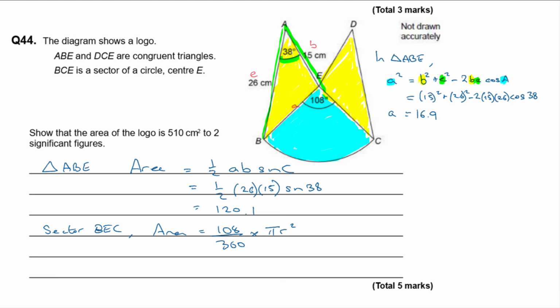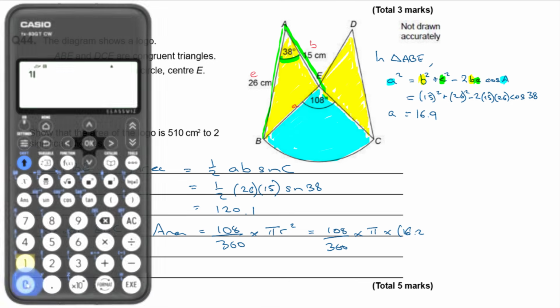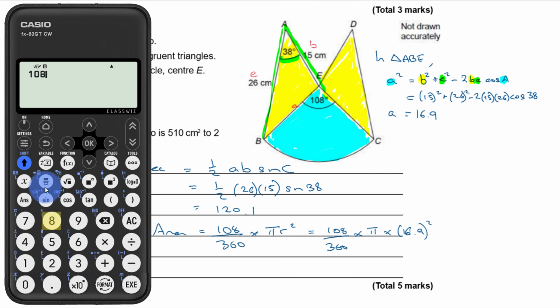So now I can come back to my area formula down here and say that that's 108 over 360 times pi times 16.9 squared. It's still in my calculator, so I'm just going to use that same value.